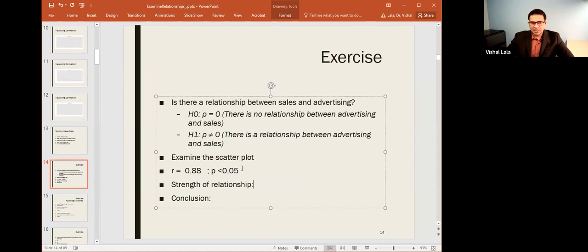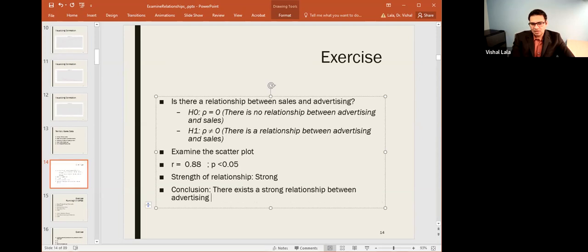You can safely reject the null hypothesis of no relationship. And as far as the strength is concerned, if you look back to the heuristics, the fact that this correlation is above 0.7 is telling us relations are strong. Okay, so there exists a strong relationship between advertising and sales.